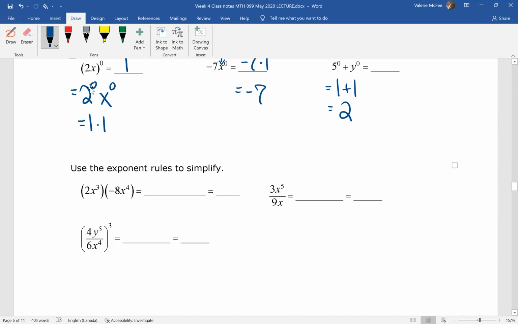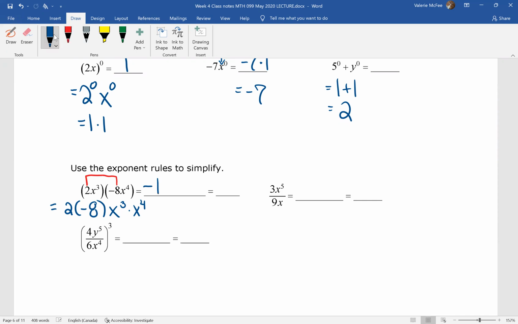So let's use those rules that we've been talking about and simplify these 3 expressions. In the first one, remember we could open those brackets and change the order of multiplication. 2 times -8 times x cubed times x to the power of 4. The important thing here is to remember that this is multiplication.